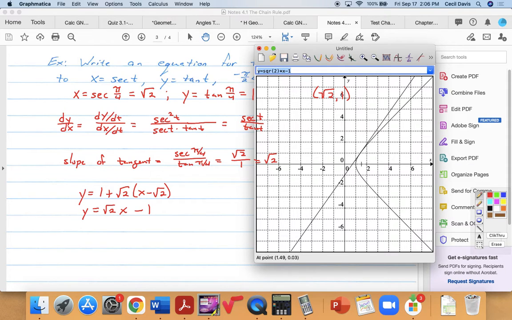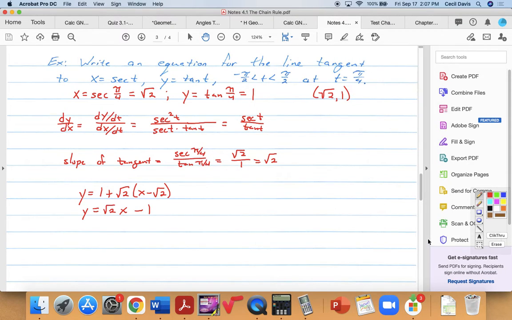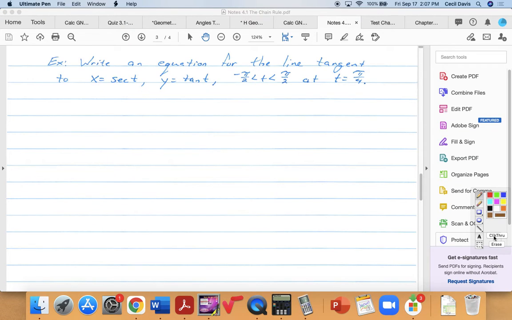It's 1.414 approximately, so a little less than 1.5. That looks about right. And the y coordinate was 1. Oh, so right there. Okay? That is one of the nice things about, I mean, you could do that on your calculator also. It works out just fine. But I wanted you to see that, yeah, it really did work, as opposed to some of the other things I've tried this year where it really didn't work.